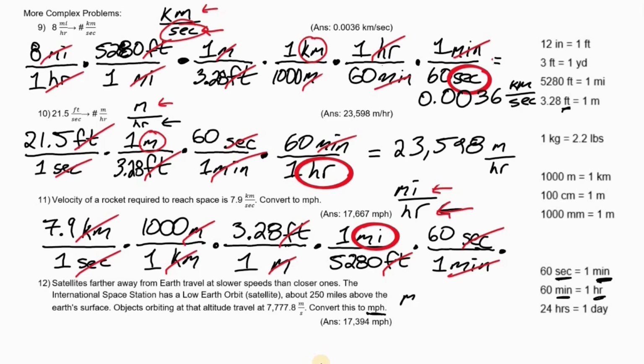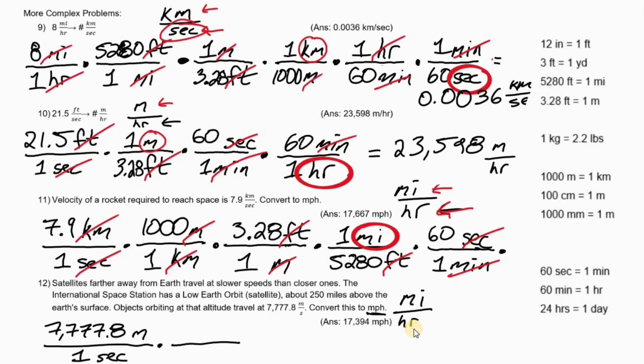So we have 7,777.8 meters, and on the bottom we have our seconds, so it's meters per second. Those are our units. We're going to be converting from meters to miles, and then seconds to hours. So I'm just going to fly through this one right now.